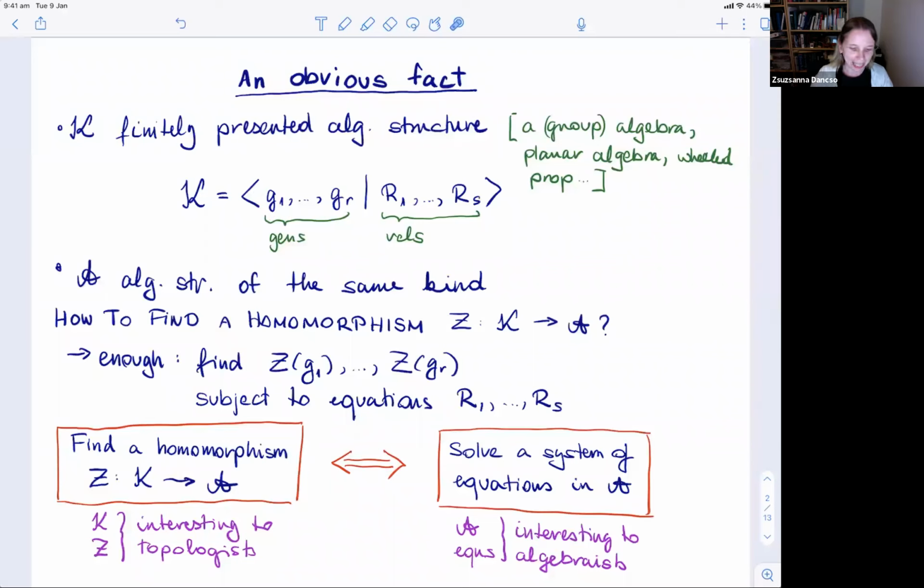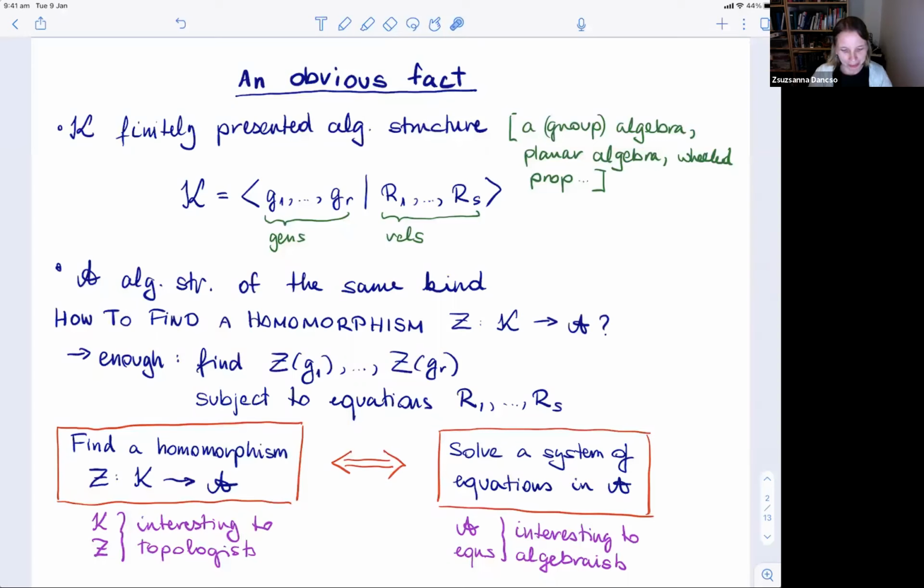And then let's say A is another algebraic structure of the same kind. So maybe we are talking about two algebras or two modules or two planar algebras. How do you find the homomorphism from K to A? This is a really basic question that I was just discussing with students in an office hour for second year linear algebra a couple days ago.